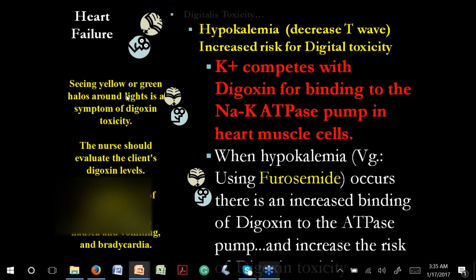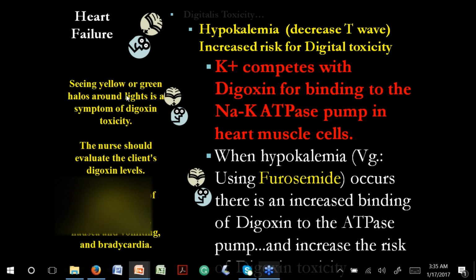Number one, digoxin is going to compete with the protein sodium-potassium ATPase, right? The sodium-potassium pump in the cell membrane. The potassium is mostly located inside the cell, correct? And the sodium is mostly outside the cell.